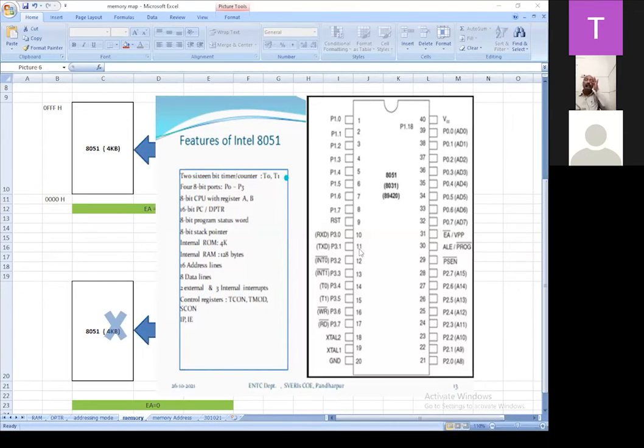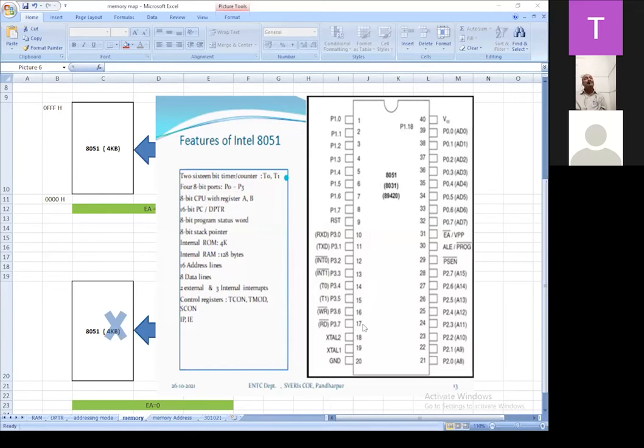Then pin number 11 is TXD, for transmission. Then 12 and 13 are for external interrupts. What is an interrupt? In the next session, we are going to learn that. Two external interrupts are there, INT0 and INT1. After that, pins 14 and 15 are the timers, T0 and T1.